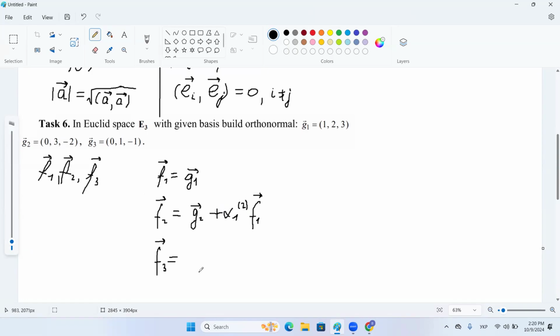And for f3, we need to do the next. So G3 plus alpha 1 with upper index 3 multiplied by f1 plus alpha 2 with such index multiplied by f2.